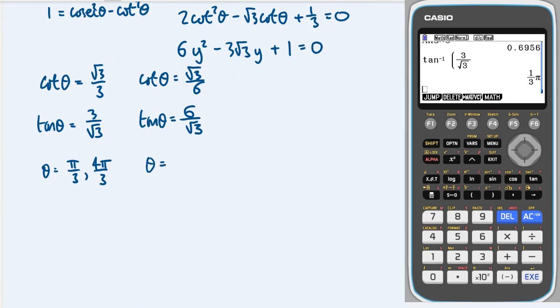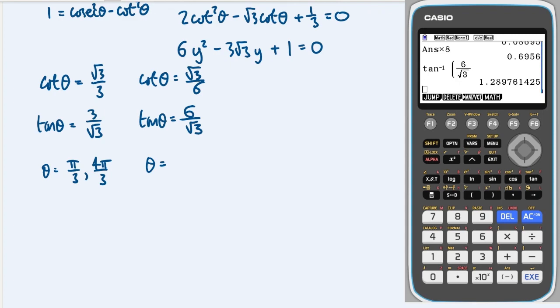And this one here, I'm going to go back to my calculator and I'm going to change that to a 6 on top. Okay, that does not look exact, but I think that's fine.